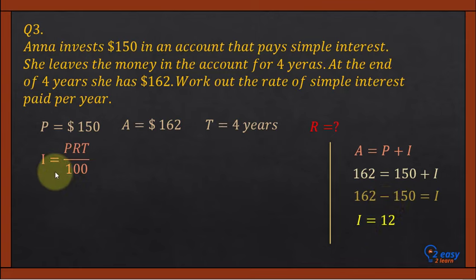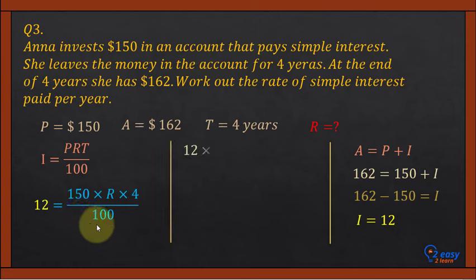Plug in this value in this formula. In the place of I, write 12, the value of P is 150, R we have to calculate, T is 4 years, divided by 100. I simplify this to get the value of R. So do cross multiplication. 12 multiplied by 100 is equal to 150 multiplied by 4, which is 600.